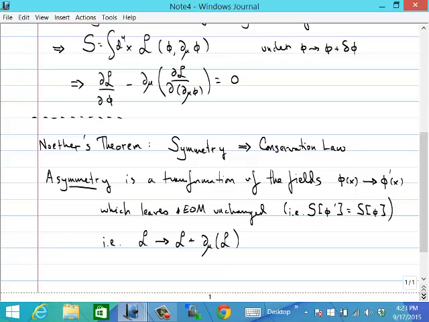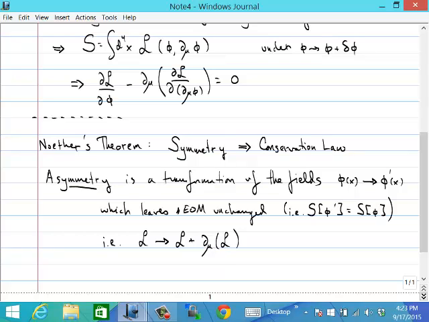Or, let me say that a little bit more carefully, the integral of a total derivative is just some sort of boundary term that's going to be independent of the value of the field in the interior of space. Okay? And so all that the addition of a total derivative to the Lagrangian will do is shift the action by an overall constant.